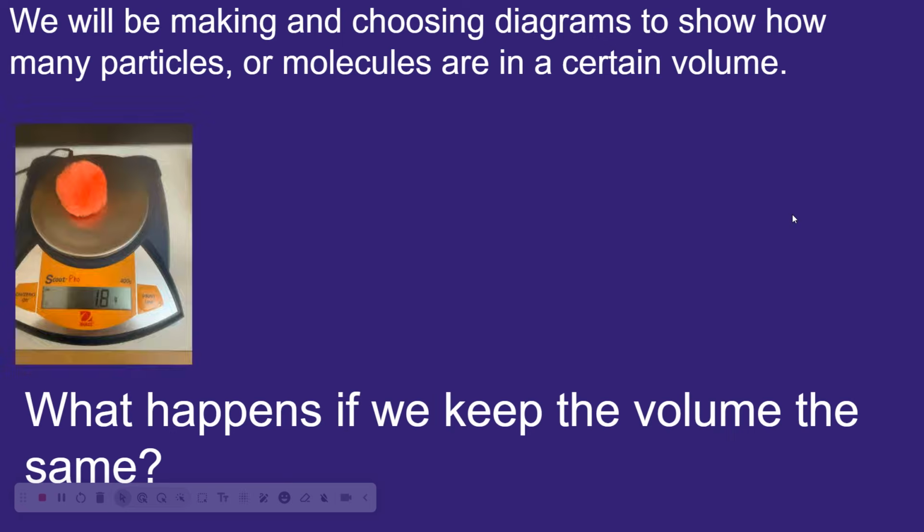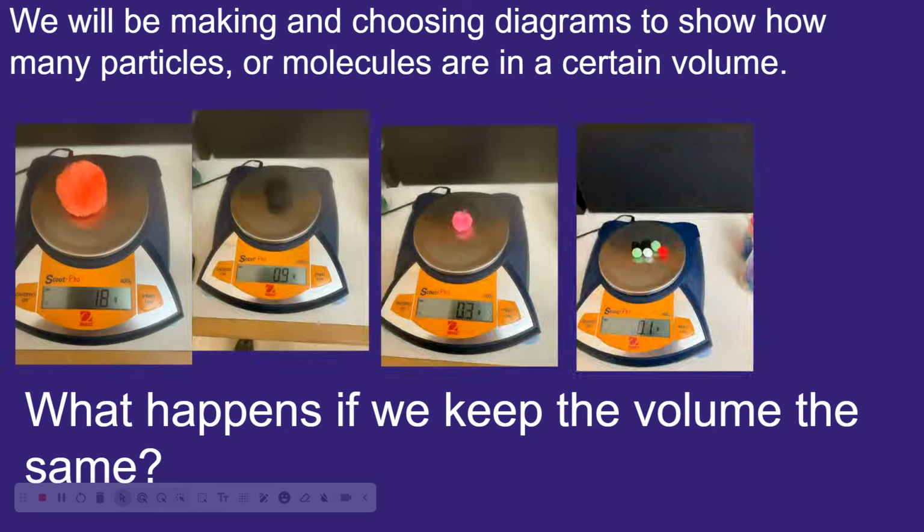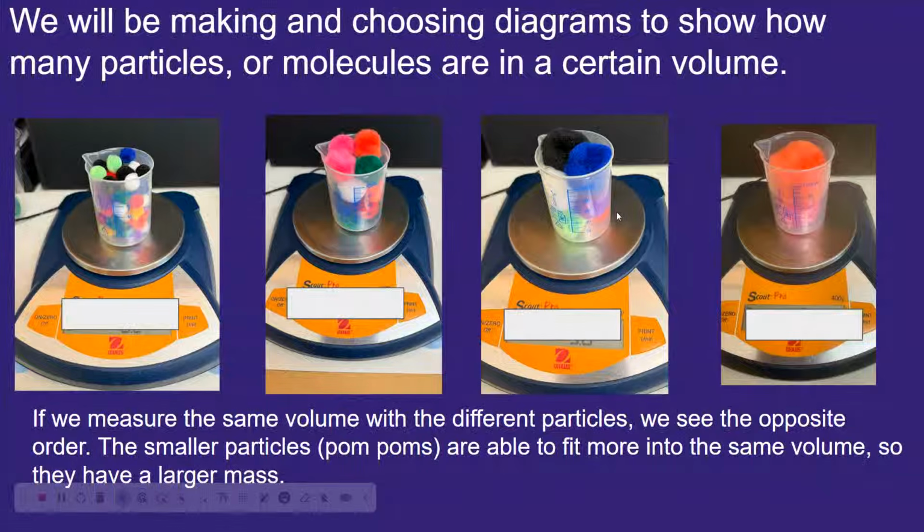Well, we're thinking of those as particles or molecules. So if we put the molecules in the same container, then which one do you think has the most mass? Do you think this still has the most mass? And this has the least?